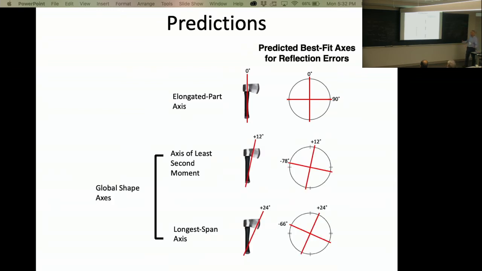If the global shape axes were how the principal axis was defined, then we expected the reflections to be tilted away from 0 degrees to lesser or greater extent in the direction of the protruding part.